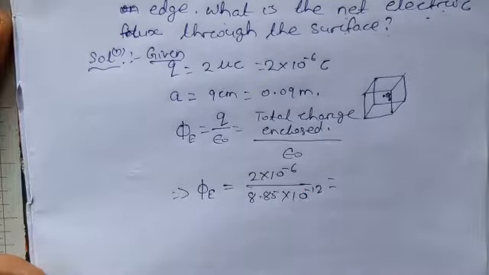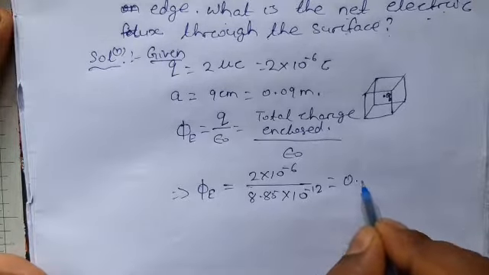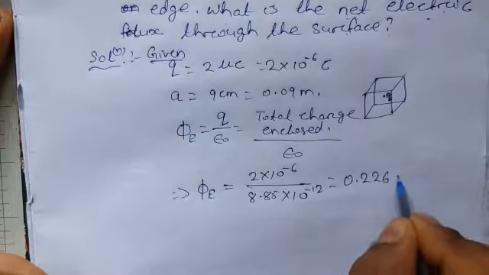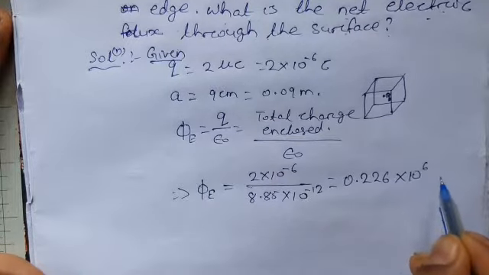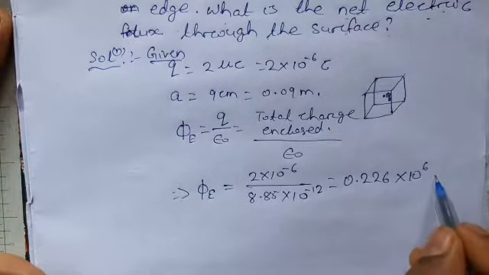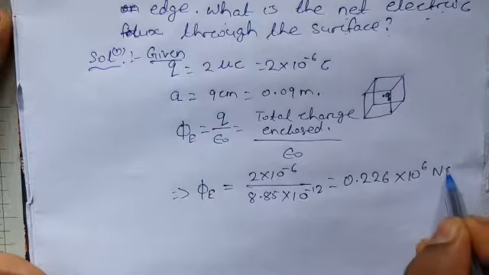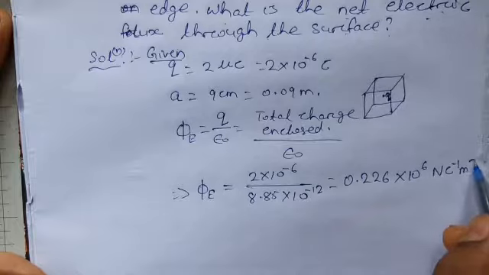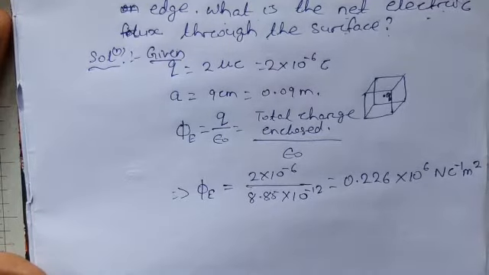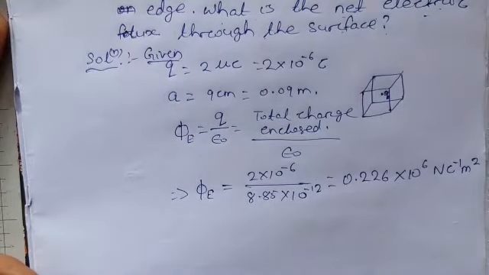That we can get 0.226 into 10 to the power 6, unit is Newton meter square per coulomb. Okay, so this is the answer. Thank you.